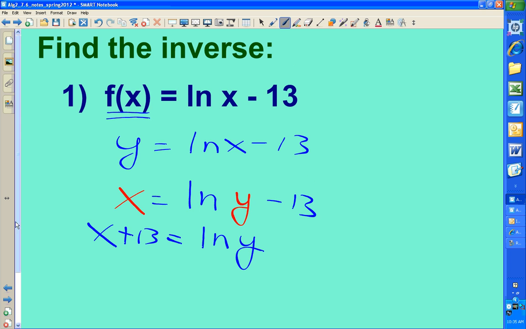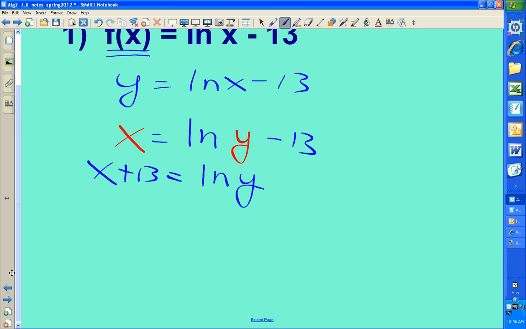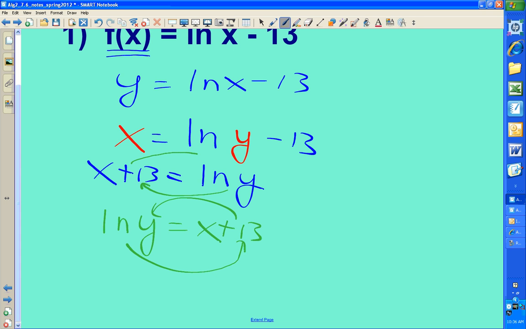If it helps you, and I'm not suggesting this because I don't do this, you could write natural log of y equals x plus 13, because that's the way our definition is written, and if it's easier for you to make the loop that way, I'm fine with it, but this green line is not necessary. You can make the loop from here and do the same thing.